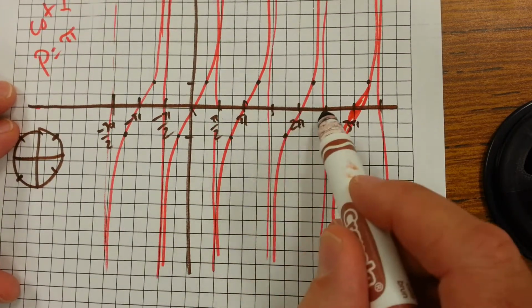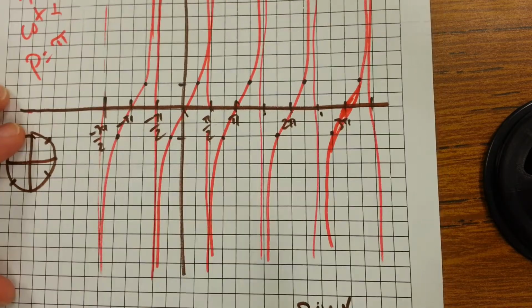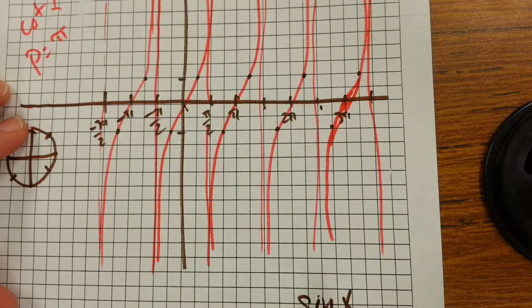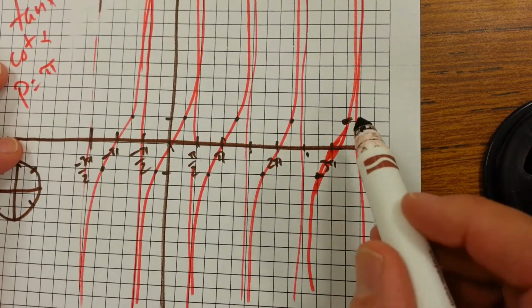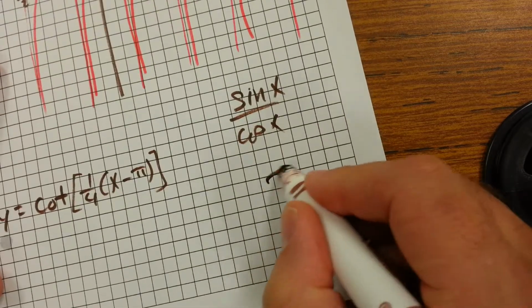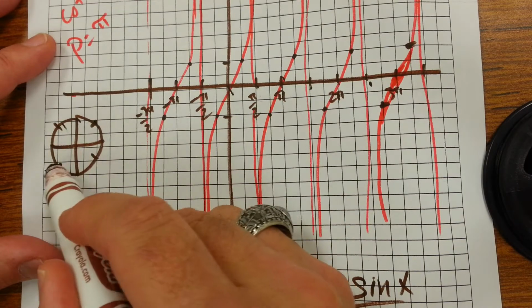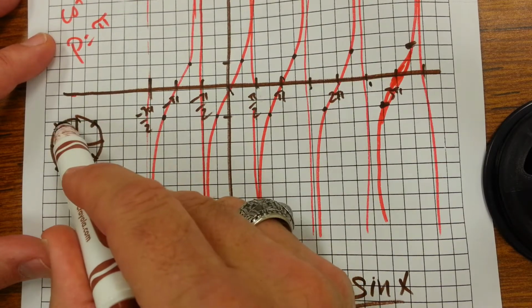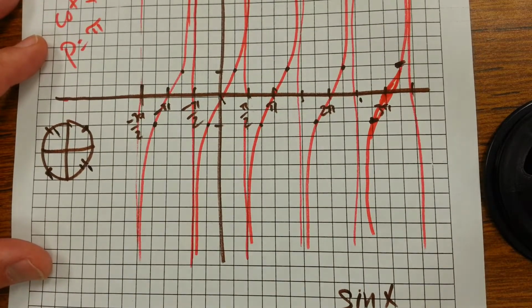Here's 3 pi halves, 4 pi halves, negative pi halves. Where's this tangent 1 and negative 1? In intervals of pi over 4. If you look at the unit circle at 45-degree reference angles, pi fourths, 3 pi fourths, 5 pi fourths, 7 pi fourths, cosine and sine are the same.